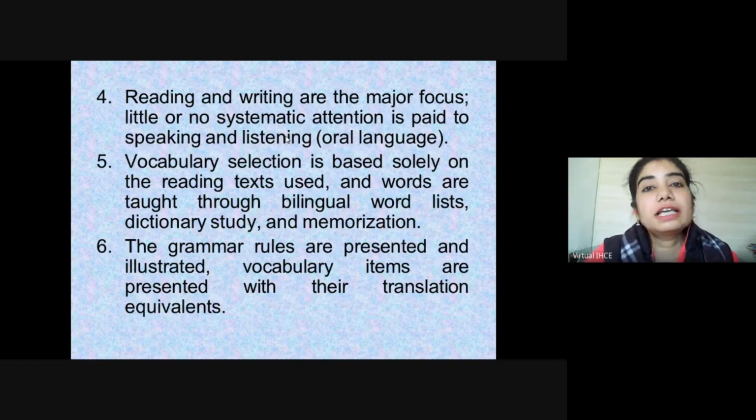They only learn the definitions, and they have to learn how to use pronouns, how to use nouns. This is learnt by heart instead of understanding or practicing. Vocabulary items are presented with their translation equivalent. Same thing which we have discussed in the previous point, that vocabulary items are translated and learnt in their mother tongue.